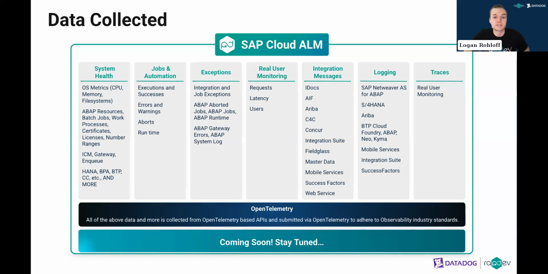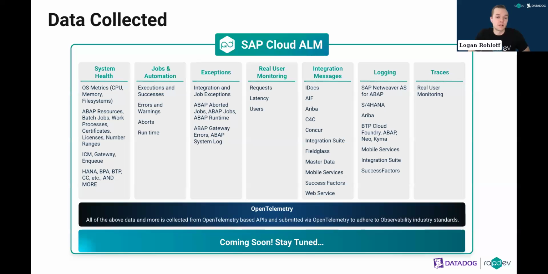It's not an exhaustive list, but it does highlight a lot of the core important pieces of telemetry that the integration does cover, from health monitoring of over 15 unique system types, to capturing success and failure data related to system and user-defined jobs through metrics and logs, to reporting messages from a slew of integration pieces like iDocs, Cloud for Customer, Ariba, et cetera.